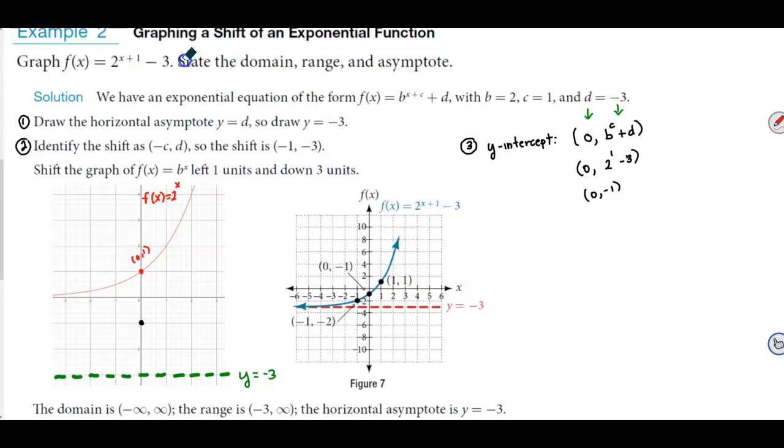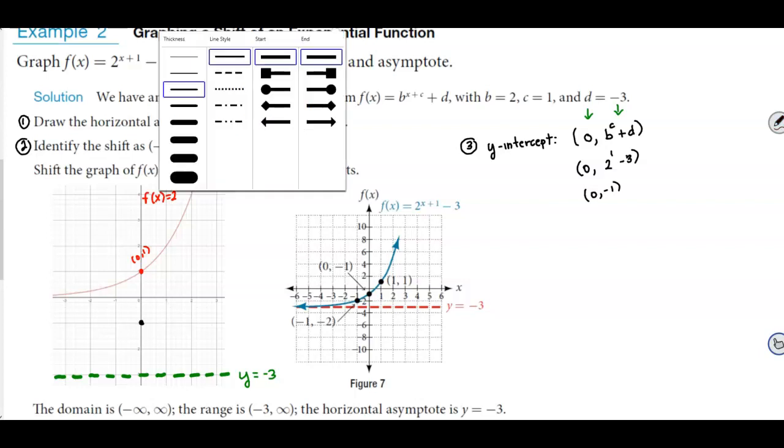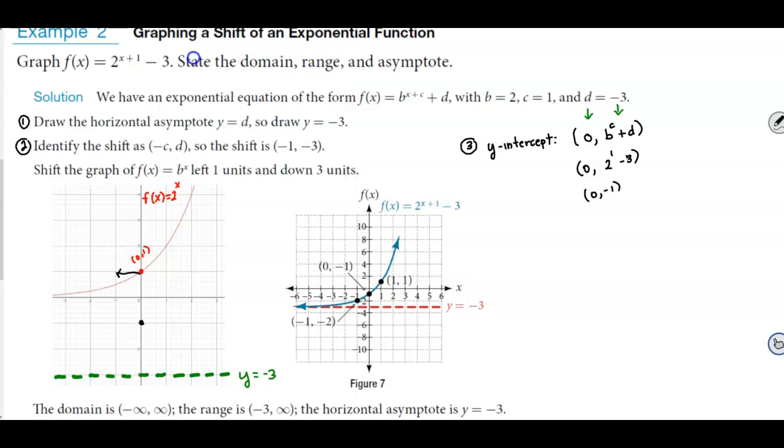From that y-intercept we shift the graph left 1 and down 3, because that's what the shift is telling us. If we move left 1, and then down 1, 2, 3, there is our next ordered pair, which is (negative 1, negative 2). As you can see, that's how far we go.